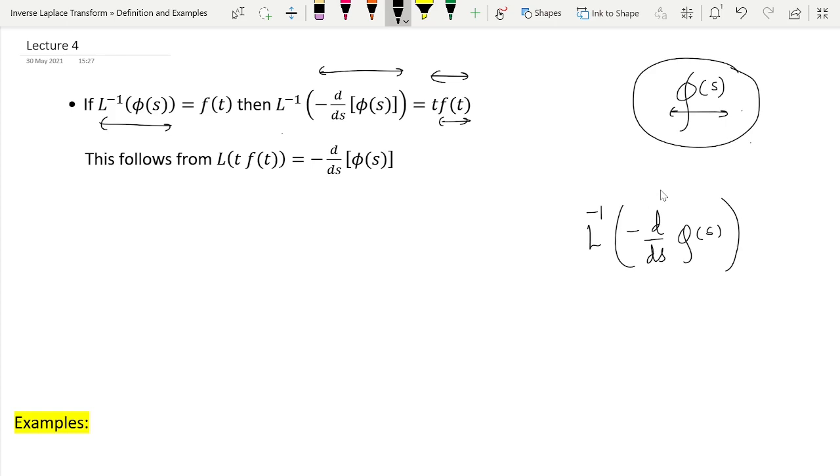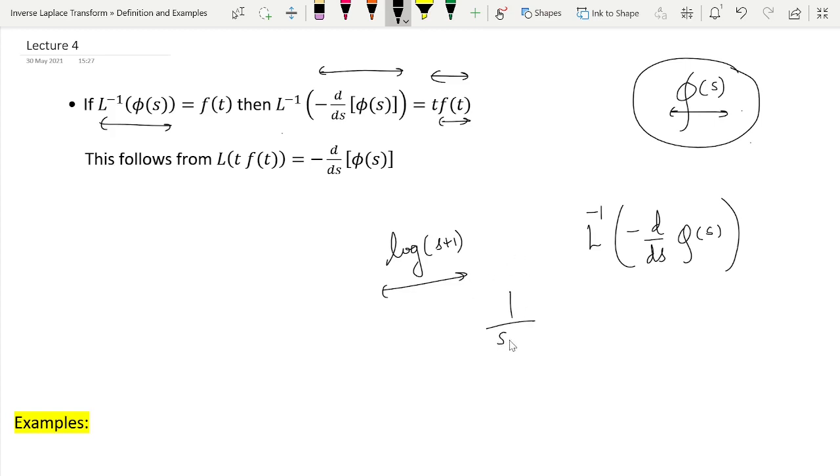Let me give you one example, then you will understand. For example, if I have log of s plus 1, let us say. We have not studied any standard formula to find the inverse Laplace transform of a log function. But I am pretty sure that I can find L inverse of the derivative of this function, because what will be the derivative of log of s plus 1?